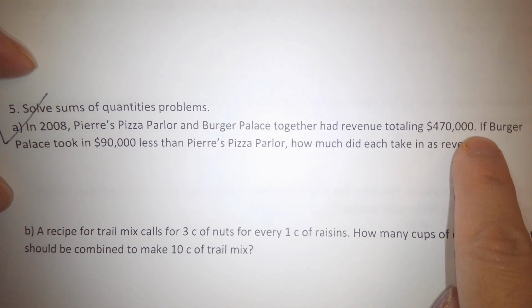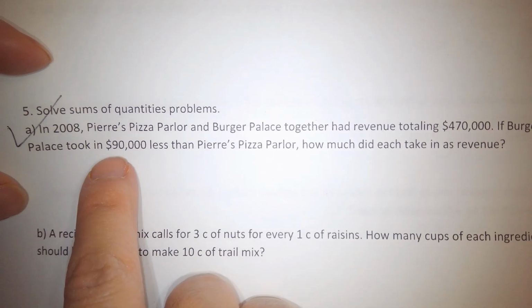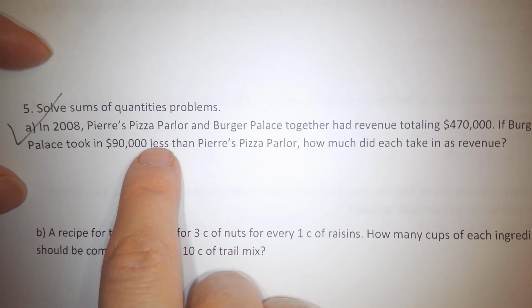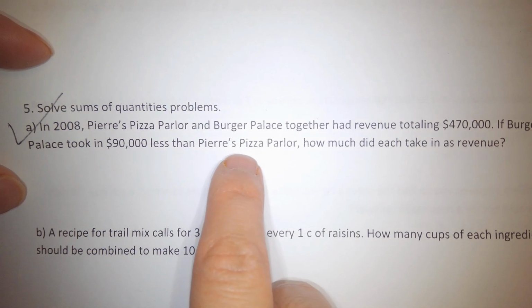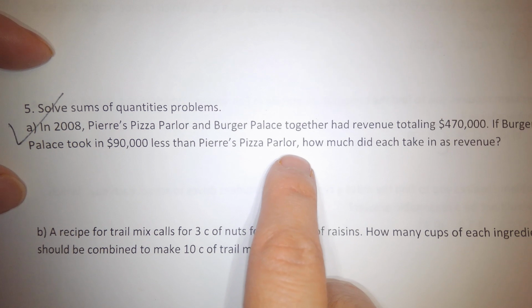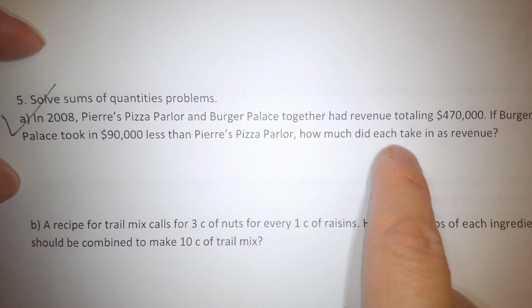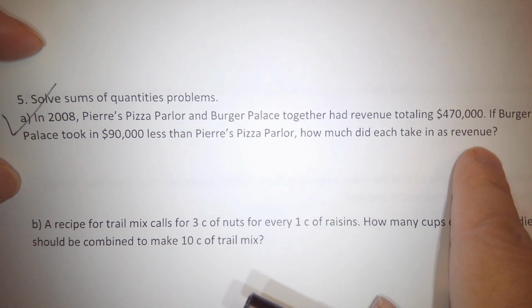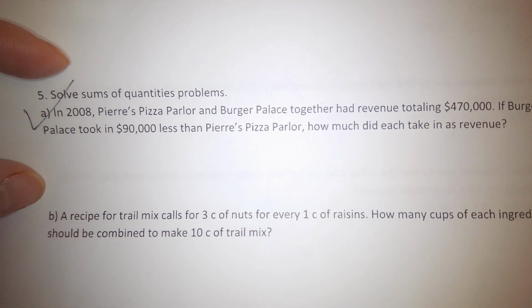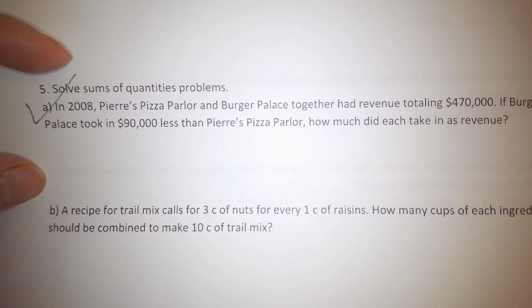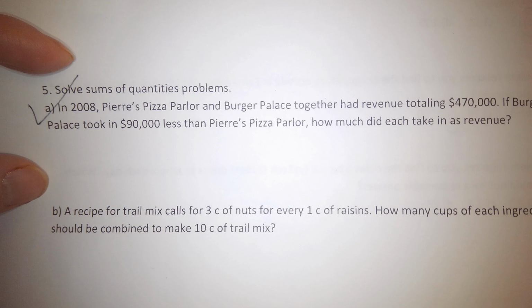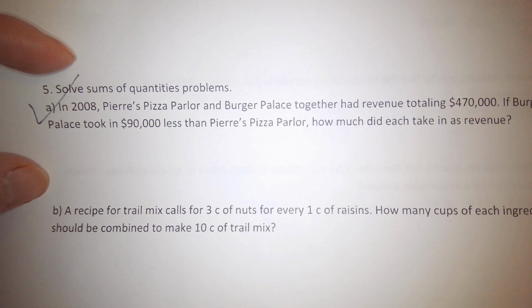Alright, if Burger Palace took in 90,000 less than the Pure Pizza Parlor, how much did each take in as revenue? So how many places are taking revenue together? How many places? Two, right?